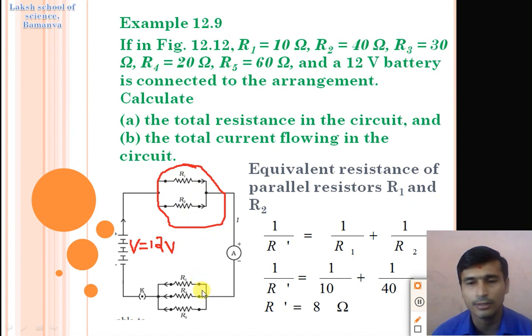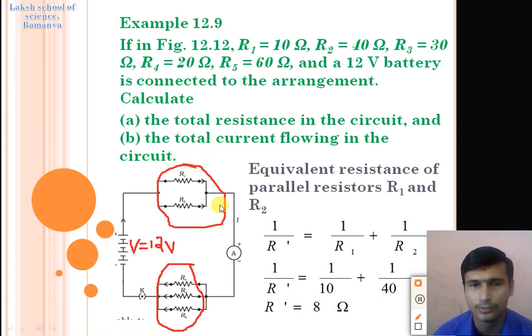R3, R4 and R5 are connected in a parallel configuration, and these two configurations are connected in series. So first we calculate the equivalent resistance of this configuration, then of that configuration, and then add these two resistances to get the total resistance.